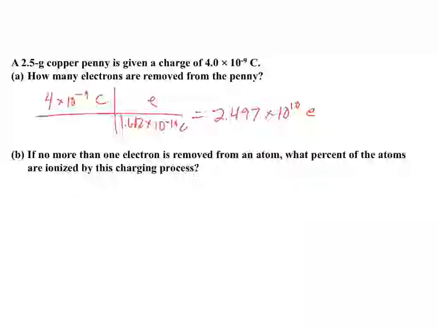If no more than 1 electron is removed from an atom, what percent of the atoms are ionized by this charging process? All right, so we're dealing with copper. If you were to look up copper, its atomic mass would be 63.546 u, and that would be times 1.66 times 10 to the minus 27 kilograms.